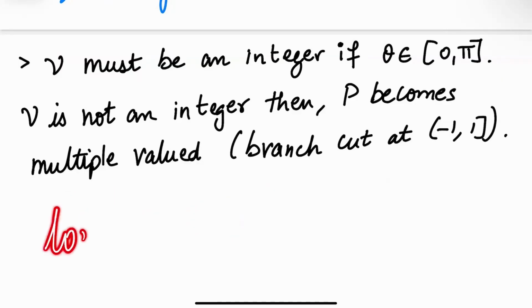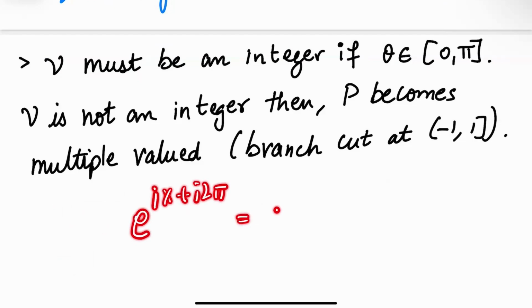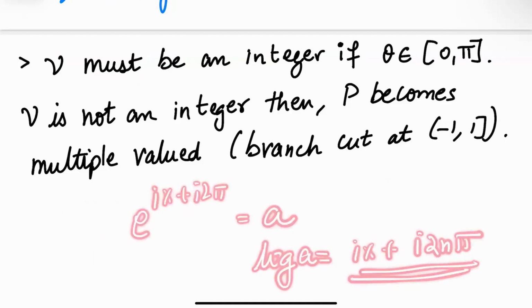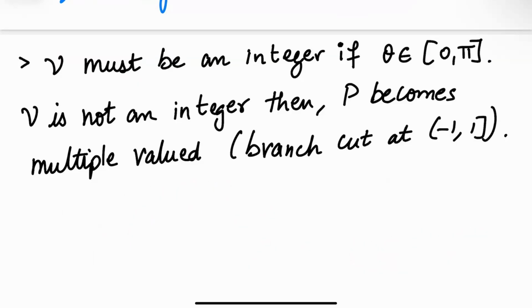Log also has multiple values. For example, we know e to the ix plus i2pi is equal to the same thing. If I take log on both sides, log a has many solutions, like ix plus i2 pi n. It has many different output values. Those are all multiple valued functions. When you have complex arguments to multiple valued functions, you need to treat them carefully. You need to know what a branch cut or branch point is, but we won't go into those technical details here.